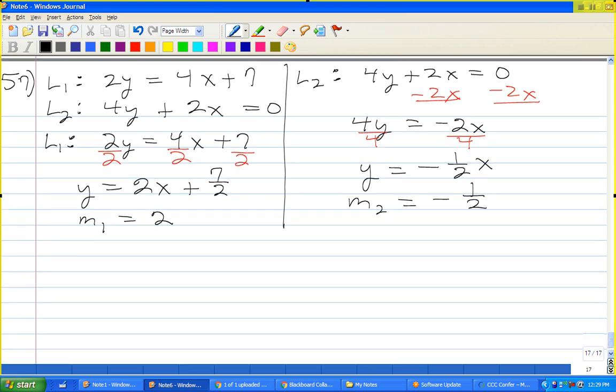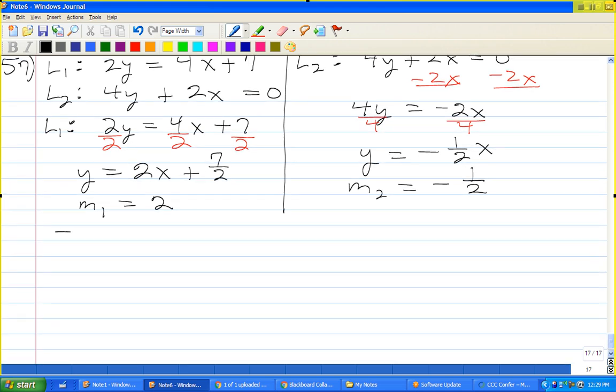But now notice that the product, 2 times negative a half, is negative 1. Or notice that the slope of the second line is the negative reciprocal of the slope of the other line.